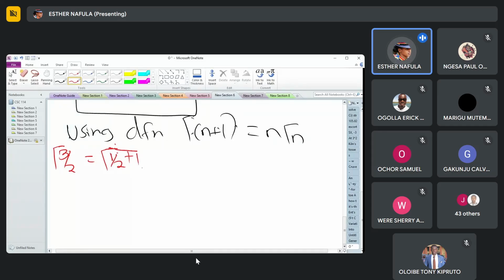Using the definition for gamma of n plus 1 equal to n gamma of n, this can be written as a half times gamma of a half. Are you guys able to see? Yes.